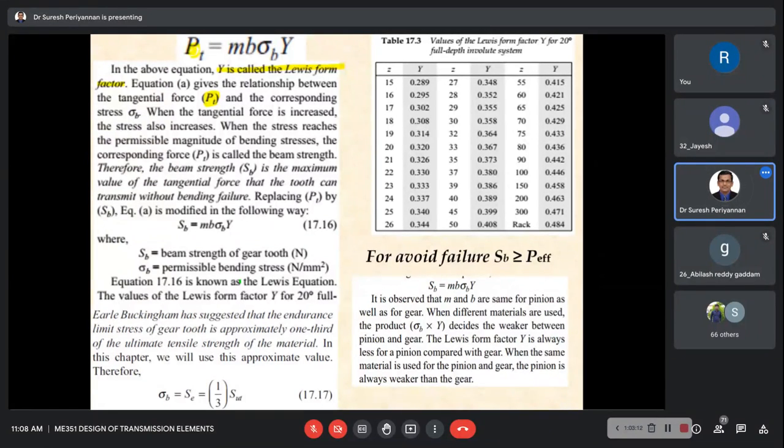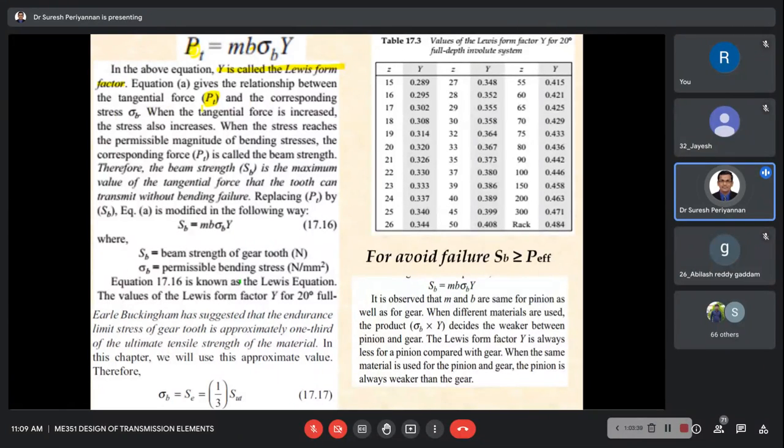But see here, what is the variable parameter? Once the gear teeth is designed, M is constant, B is constant, Y is also constant. Only the variable parameter, while increasing or decreasing the load, is sigma B. Sigma B is the only varying parameter, right? That's what we would like to say here.